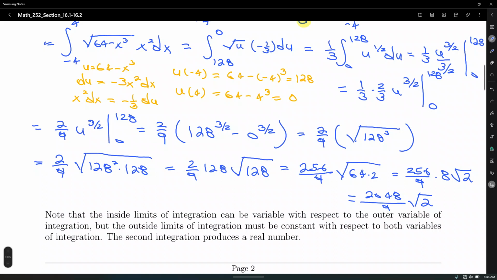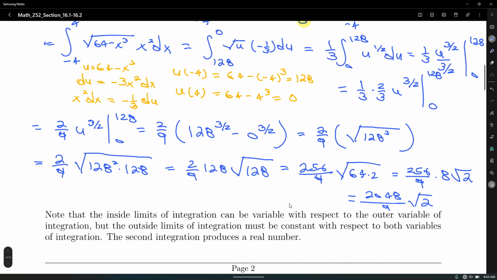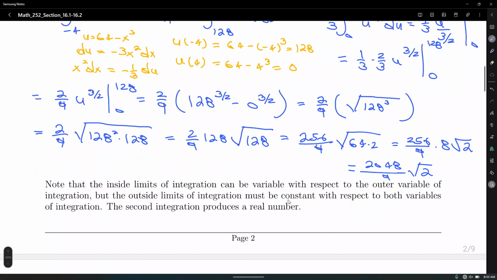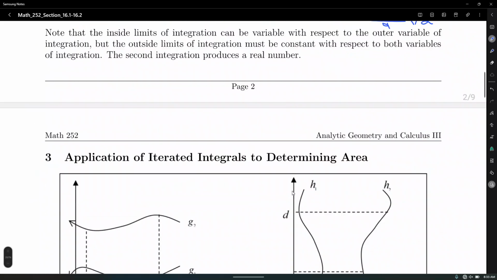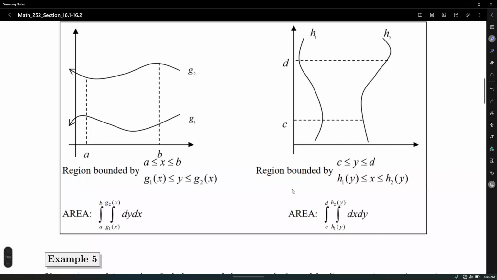Maybe it means an area, maybe it means volume. We'll see how we're going to distinguish between the different integrals. What makes an integral describe a volume? What makes an integral describe area, or mass?